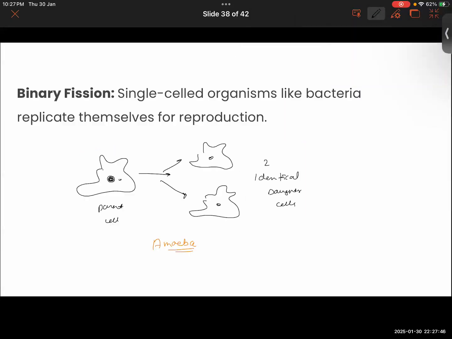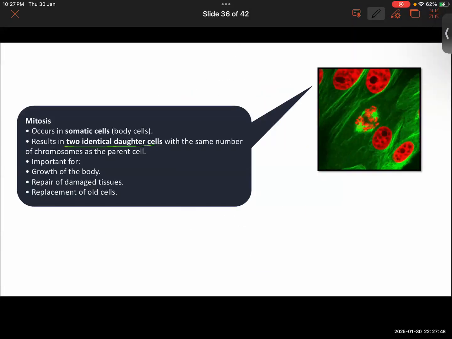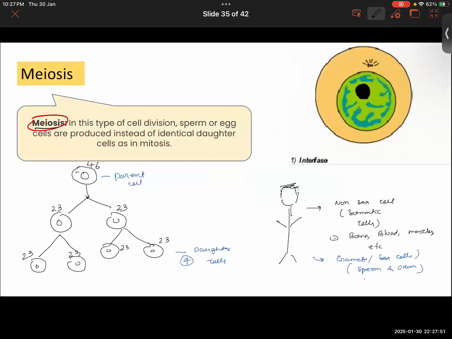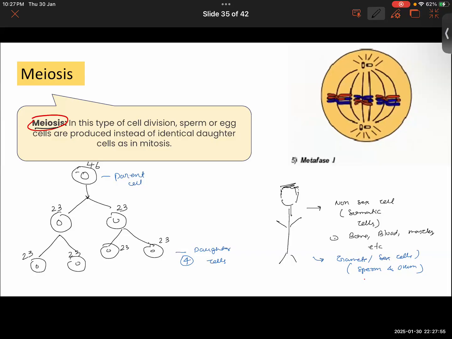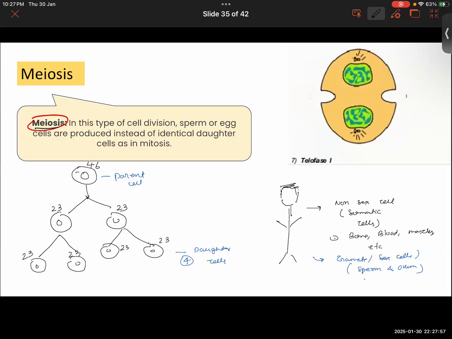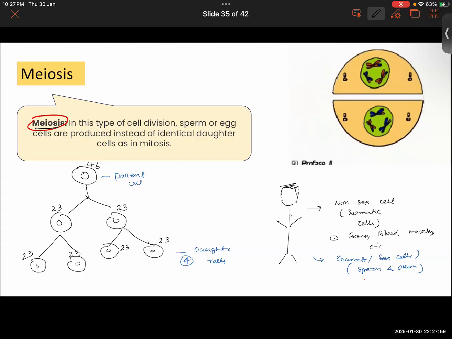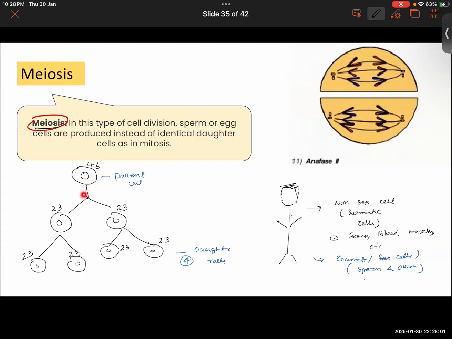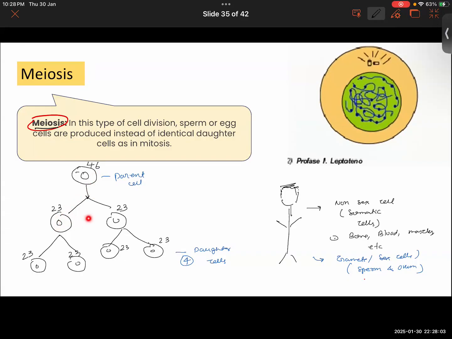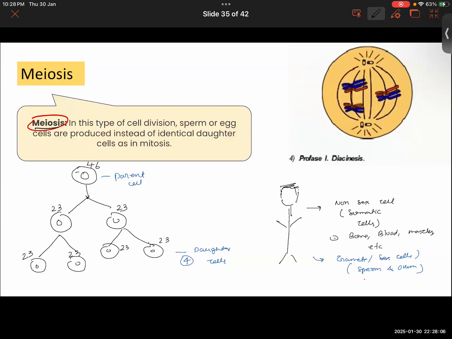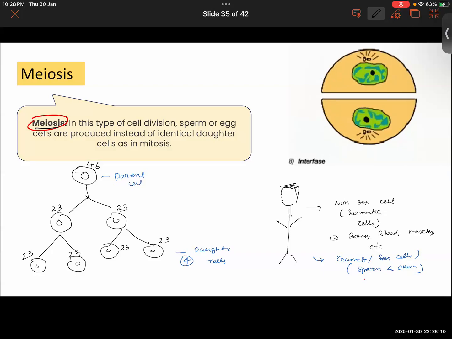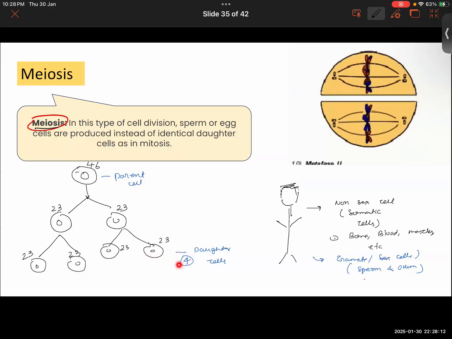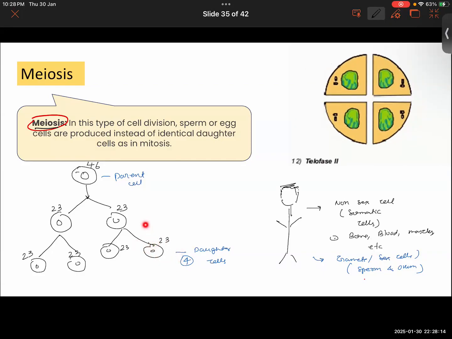Before we continue, I would like to quickly sum up the difference between mitosis and meiosis, and then we will continue. What we have discussed about the differences between the two is that meiosis occurs in the gamete cells, in the sperm and the ovum cells. Division takes place two times. Further, the daughter cells that are formed are four in number, and all of them have half the number of chromosomes.